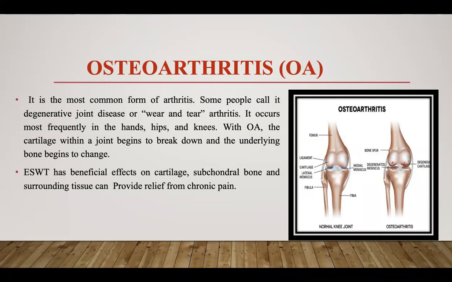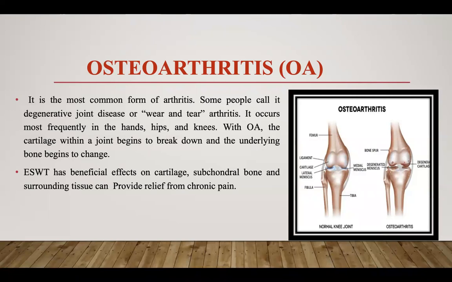With osteoarthritis, the cartilage within a joint begins to break down and the underlying bone begins to change. Extracorporeal shockwave therapy has a beneficial effect on cartilage, subchondral bone, and surrounding tissue, and can provide relief from chronic pain.